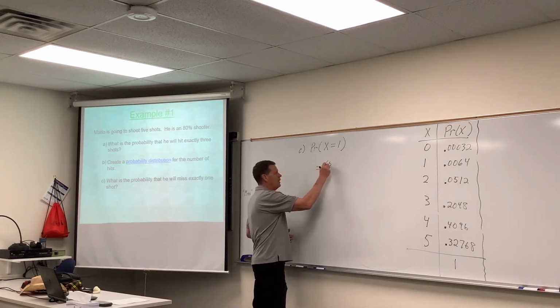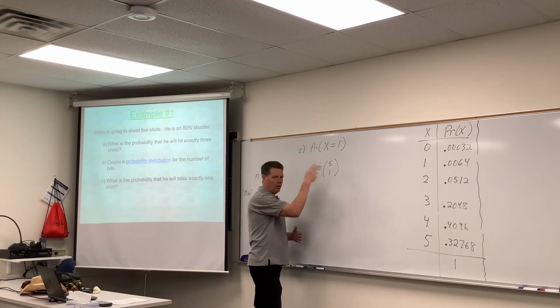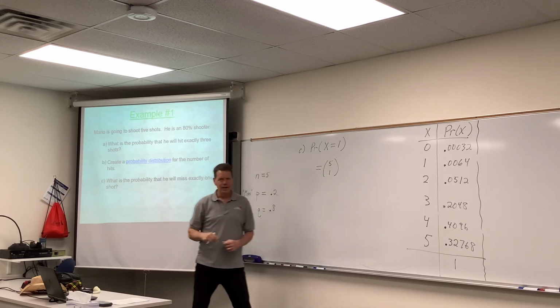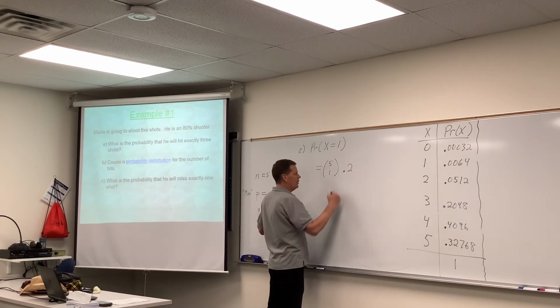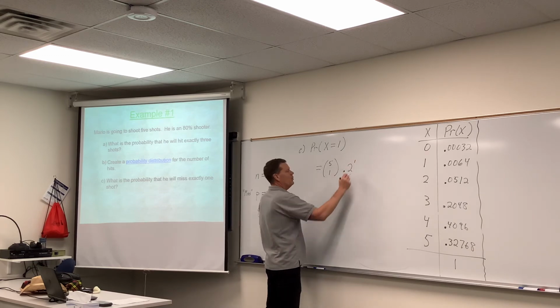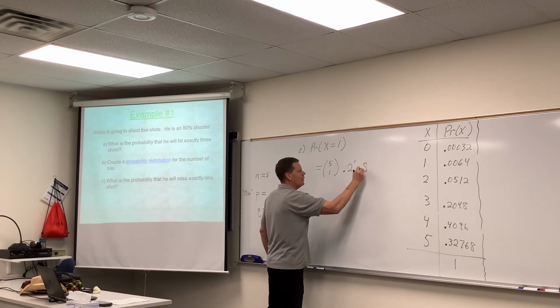So that would be the combination of 5, choose 1. 5 shots, choose any one to miss. I don't care what order. That's why it's a combination again. All right? Now, you're going to miss, which has a 20% probability, 1 shot, which means you're going to hit, whoops, that's 0.8, which means you're going to hit 0.8, 4 shots.